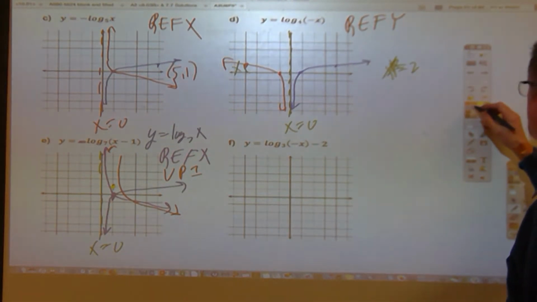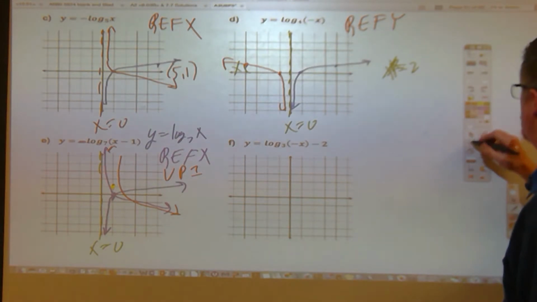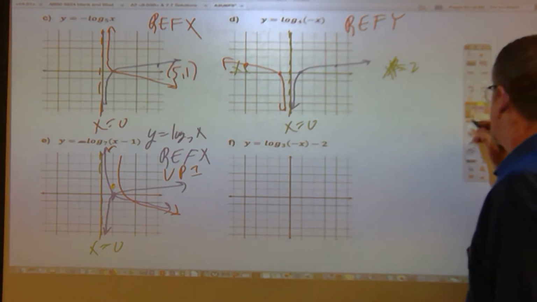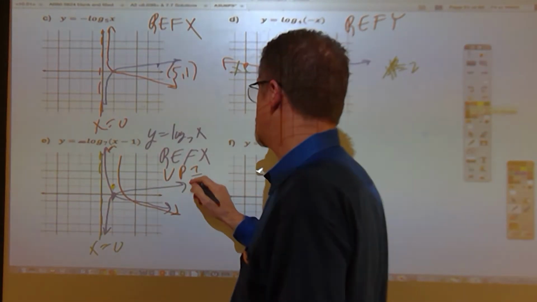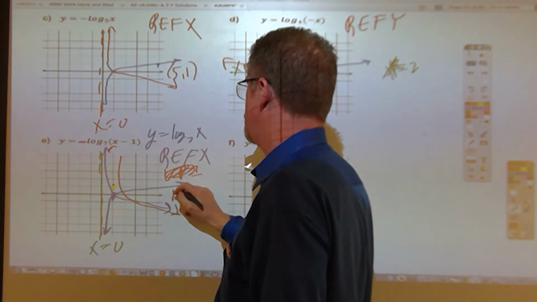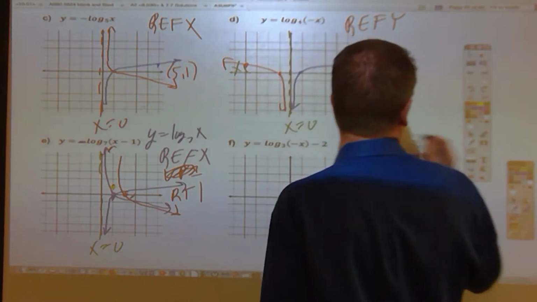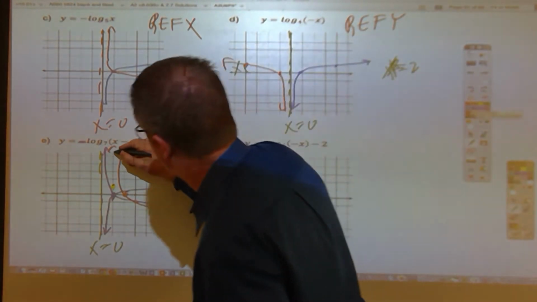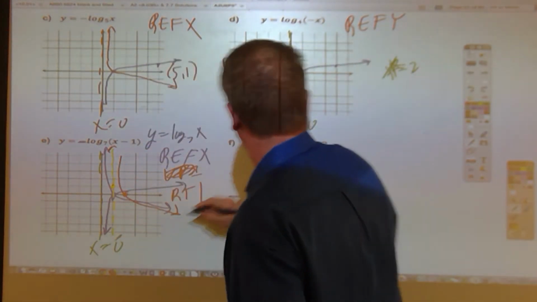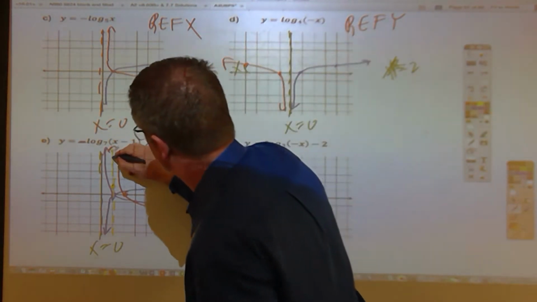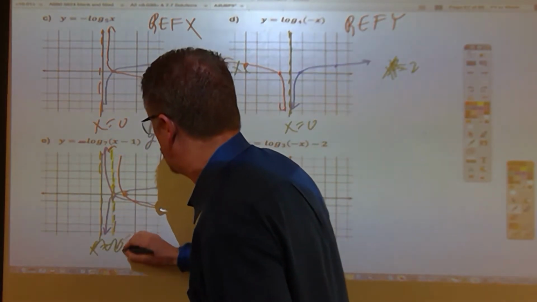But you're right, I went up 1, but I should have gone right 1. So, wow. Once it gets to the point where you're correcting my mistakes, that shows a lot of good understanding, so it should be right 1 with a point at 2, 0. The vertical asymptote was also influenced, so that green vertical asymptote should be at x equals 1.